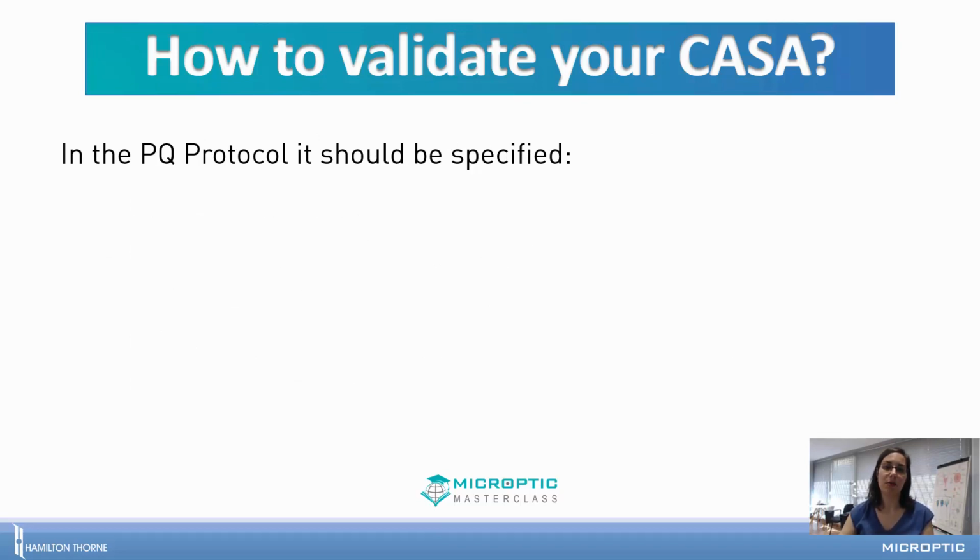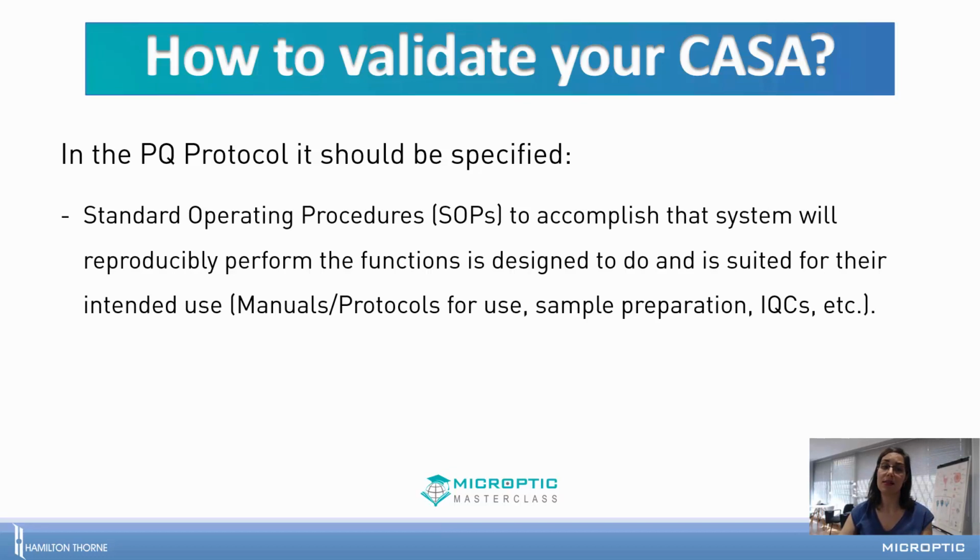In that protocol, the standard operating procedures should be specified, which will guarantee that the CASA is accomplishing the claims of the device, or the intended use that is specified in the technical information of the system. Here it is very important to count on all this technical information from the manufacturer, to specify the protocols for sample handling, sample preparation, how you are using the CASA, and what the steps are.